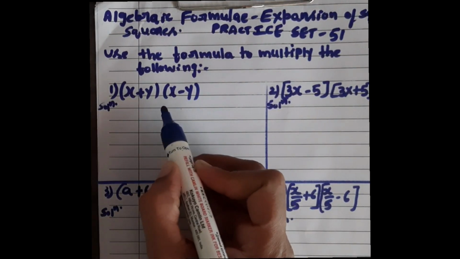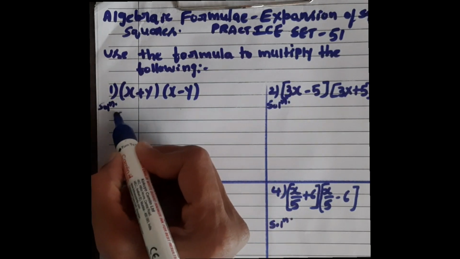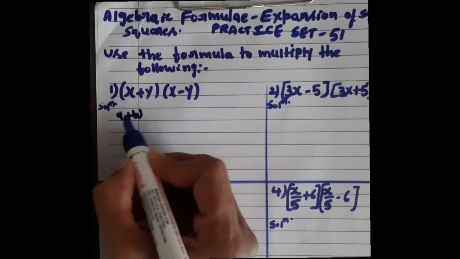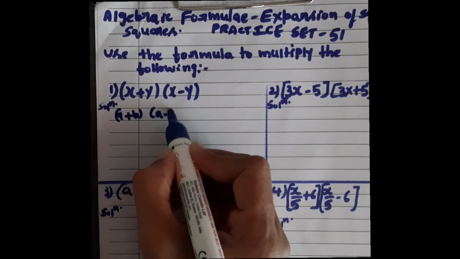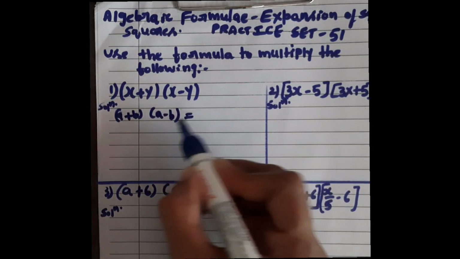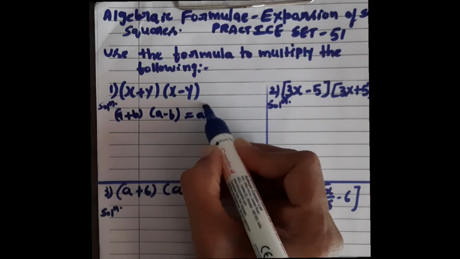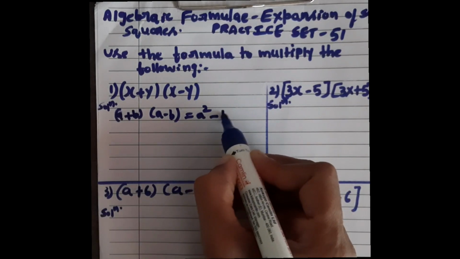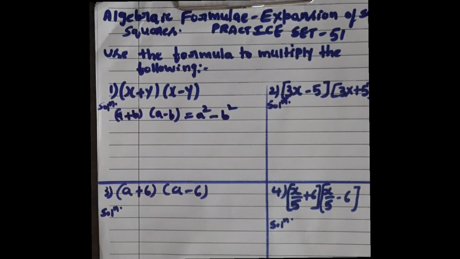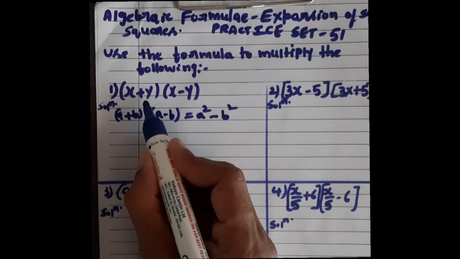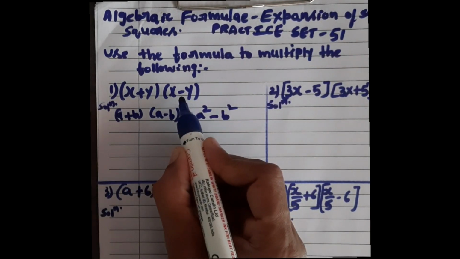This is in the form of the algebraic identity (a + b)(a - b). This formula tells us a square minus b square. So now the question is (x + y)(x - y).